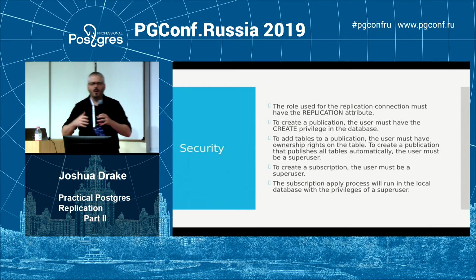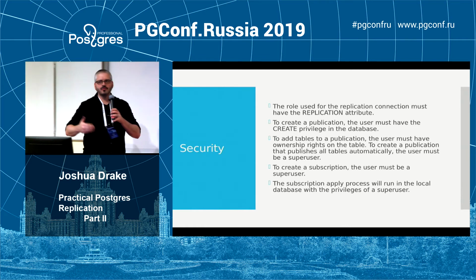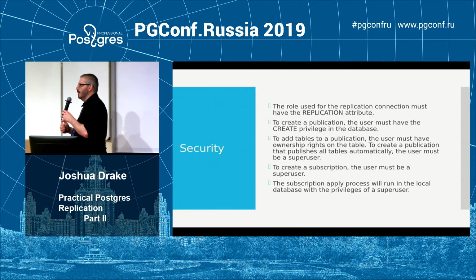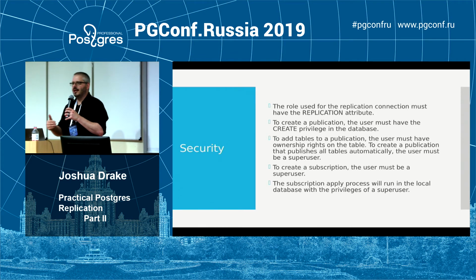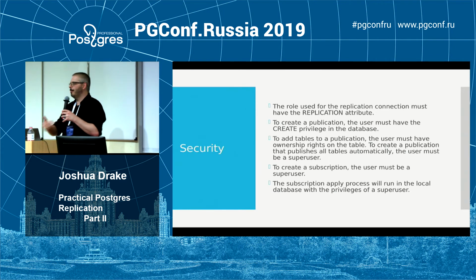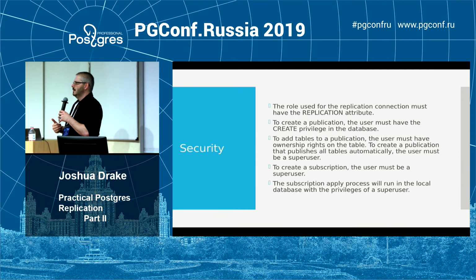Now you would think, why is that the case? Well, you don't want any arbitrary user to be able to connect to any arbitrary publication and start pulling data. So if you are creating a subscription, you must be a known, admin rights user. To create a subscription, the user must be a superuser.